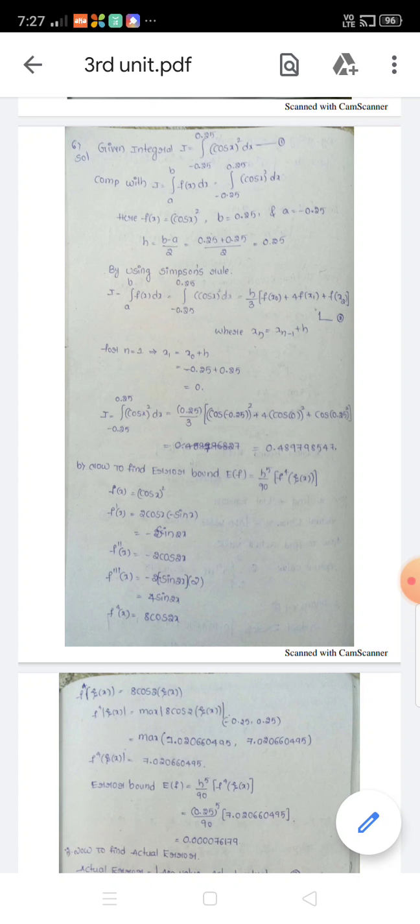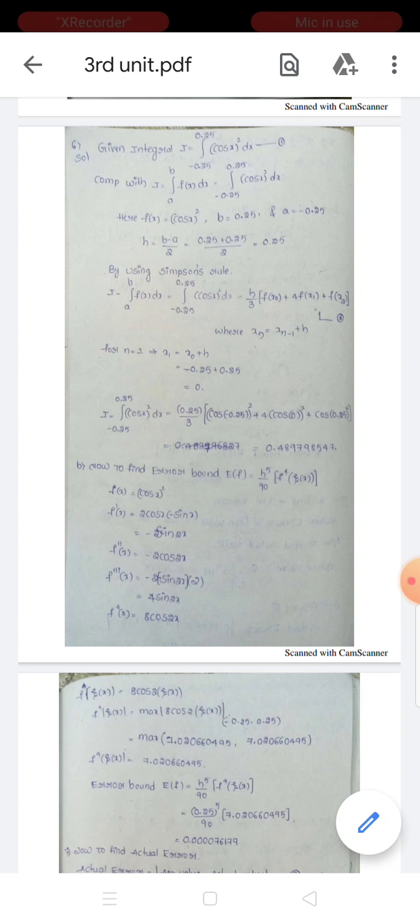By using Simpson's rule, I is equal to h by 3 into f of x0 plus 4 f of x1 plus f of x2.